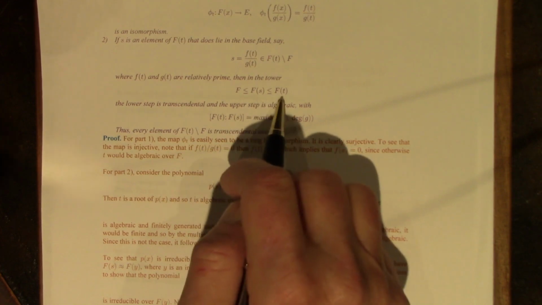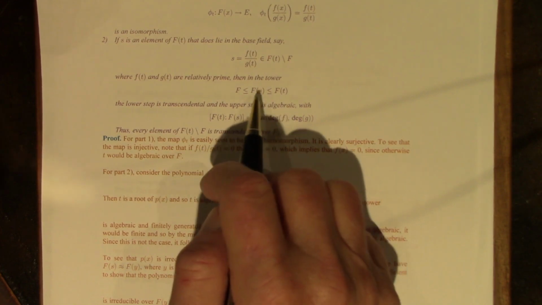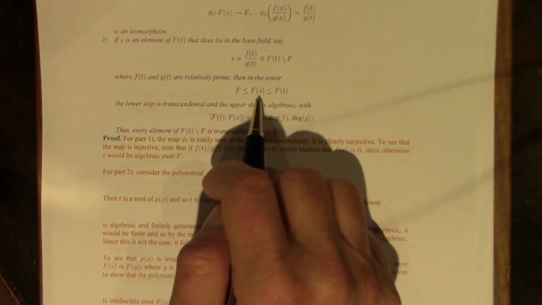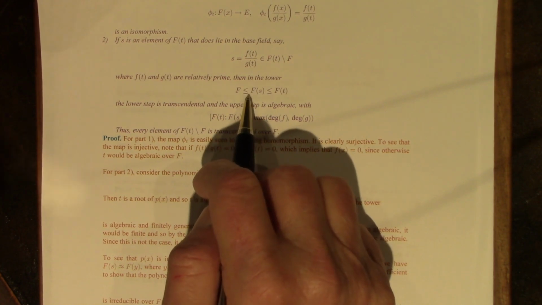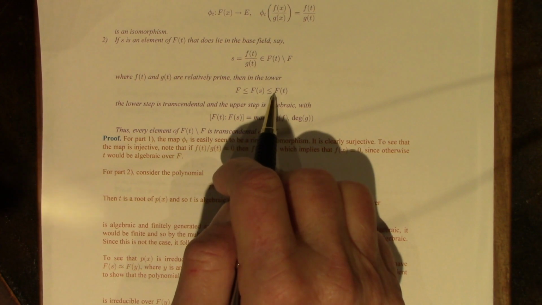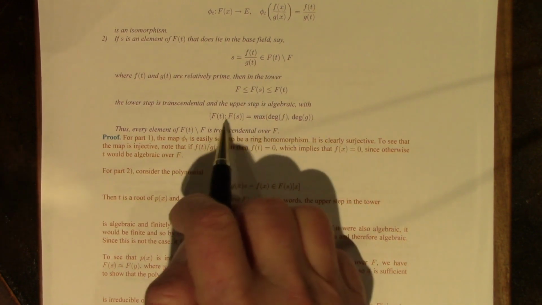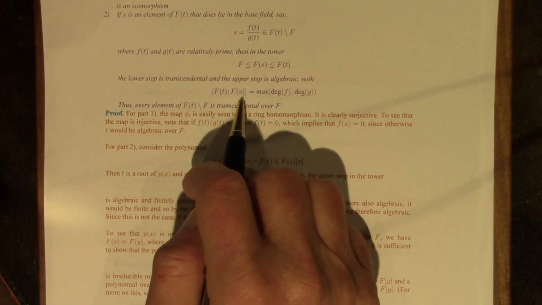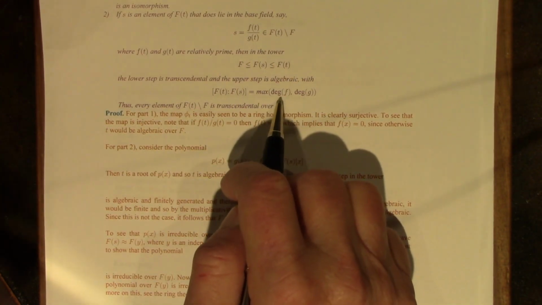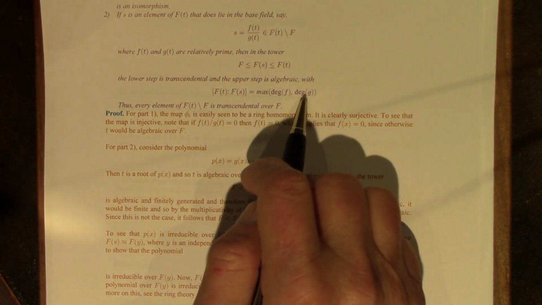Then in this tower, f with s adjoined is an intermediate field. The lower step is transcendental and the upper step is algebraic. And in fact, we even have the formula for the degree of the upper step. It's the maximum of the degrees of the numerator and denominator of s.